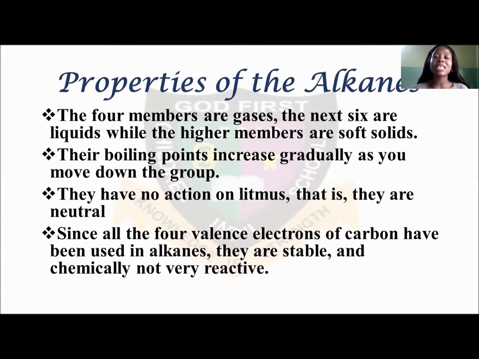Remember in our last class, I told you that homologous series usually follow a general molecular formula, and there is a gradation in physical properties as you move down the group. That's why the first 4 members of the alkanes are gases, the next 6 are liquid, then the higher members are soft solids.